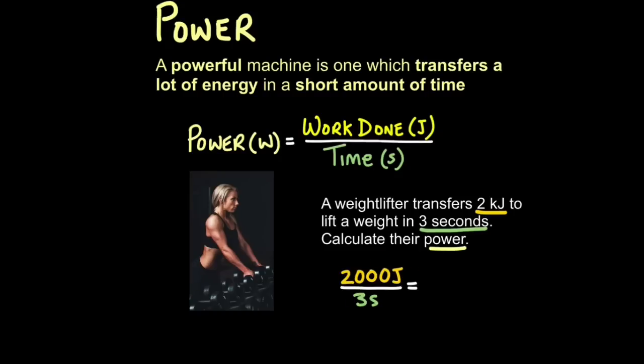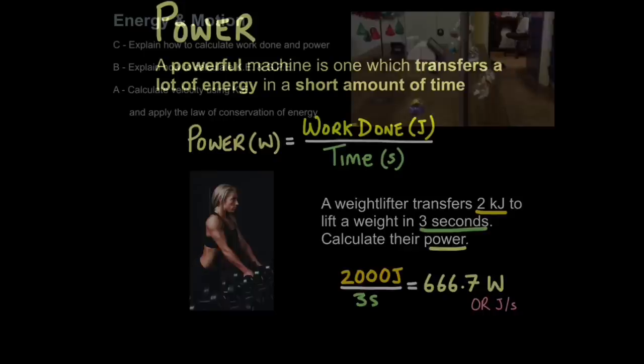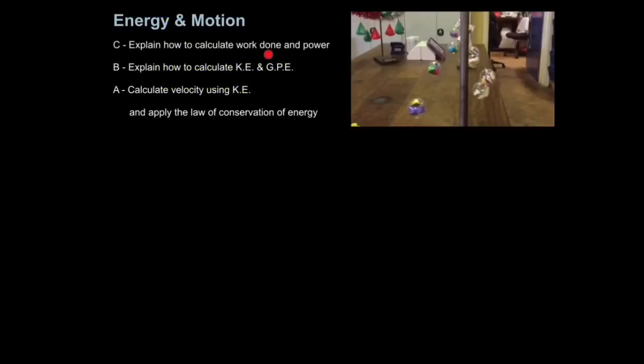So the power would be 2000 divided by 3, and that gives you a reading of 666.7 watts rounded up. But remember, because a watt is essentially joules over time, joules per second, we can also say 1 watt is equivalent to joules per second. So the unit for power is either joules per second or watts, energy over time. And that's how you explain how to calculate work done and power.